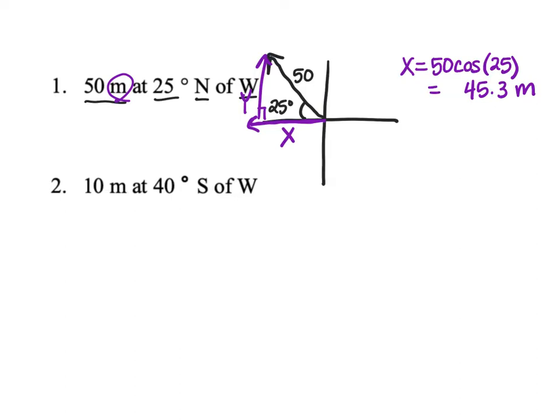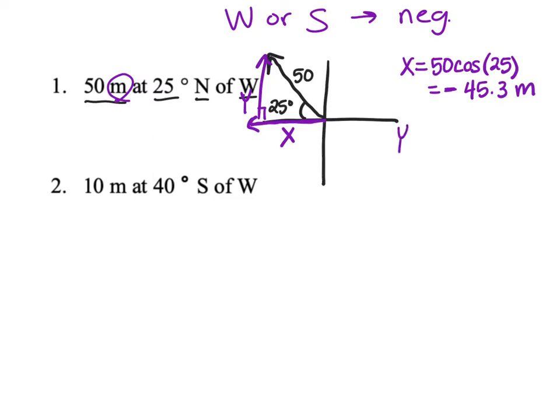So when we're going west or south, it's going to be a negative vector, okay? So in this case, our X vector is going to the west, so it is going to be negative. The calculator doesn't give us the negative, but we're going to add that negative in front to tell us which way this X component is going, okay?